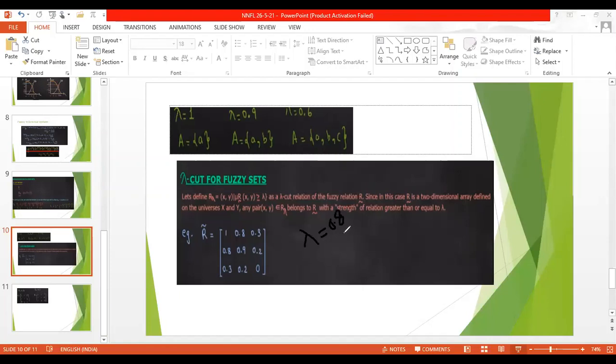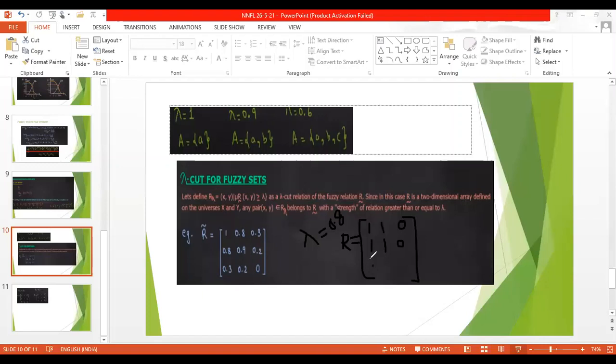Okay. So here R is written for all the values greater than or equal to 0.8 as 1, 1, 1, 0, 1, 1, 0.